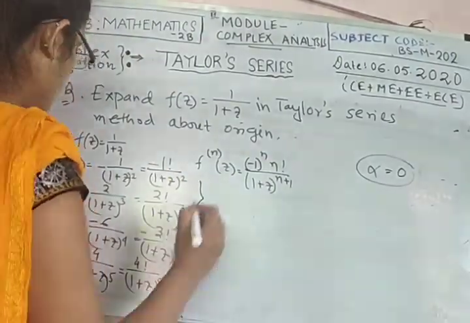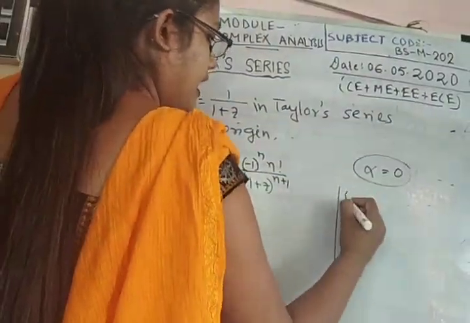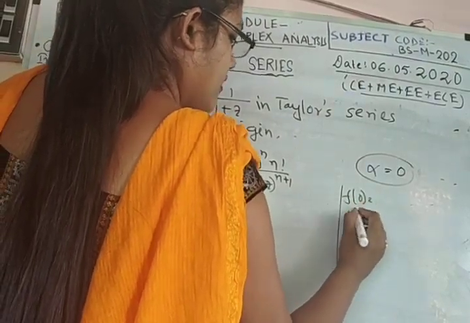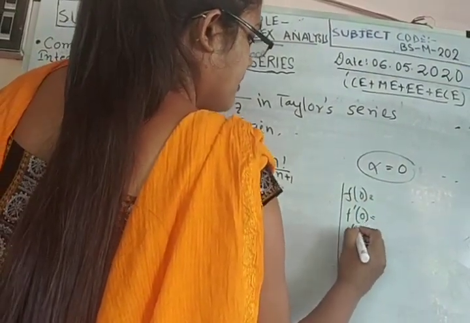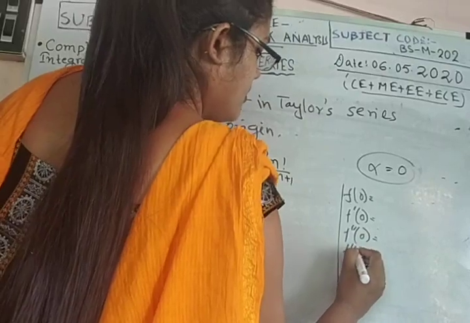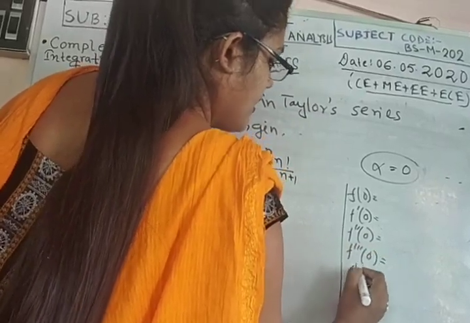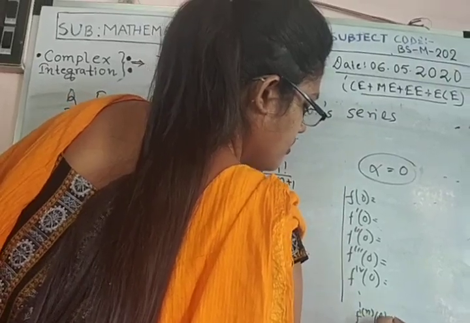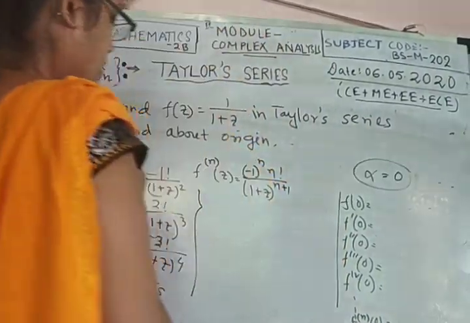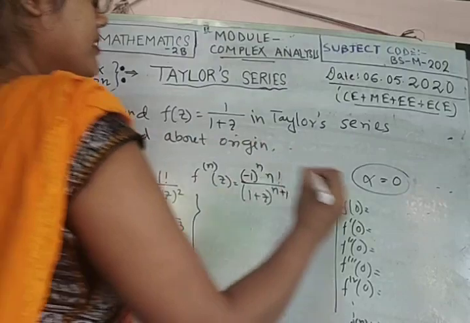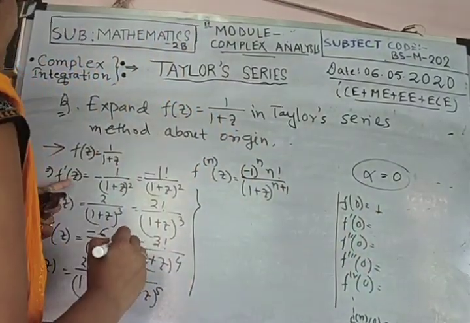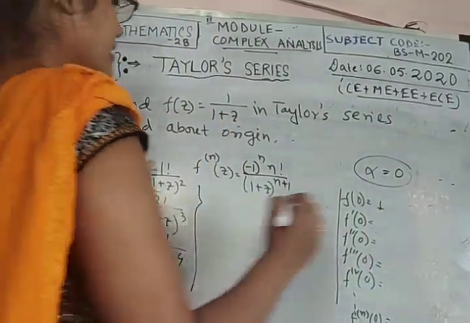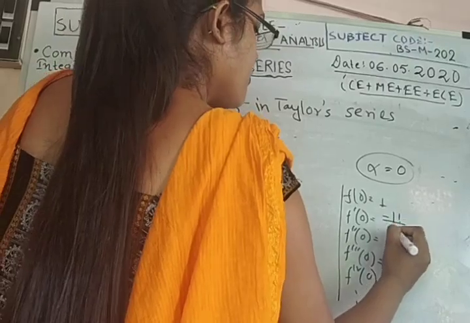So first find out f of 0, f dash 0, f double dash 0, f triple dash 0, f fourth of 0, and f of n 0. So f of 0 means 1 by (1 plus z), this is 1. F dash of 0 is minus 1 factorial by 1.